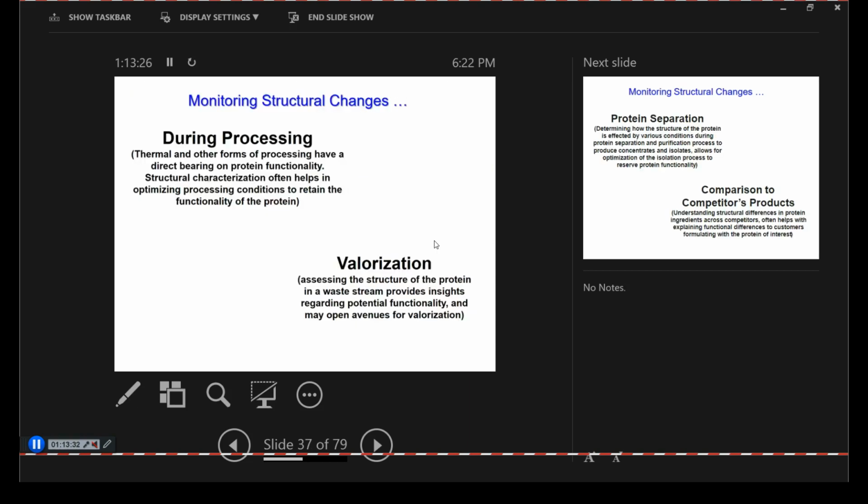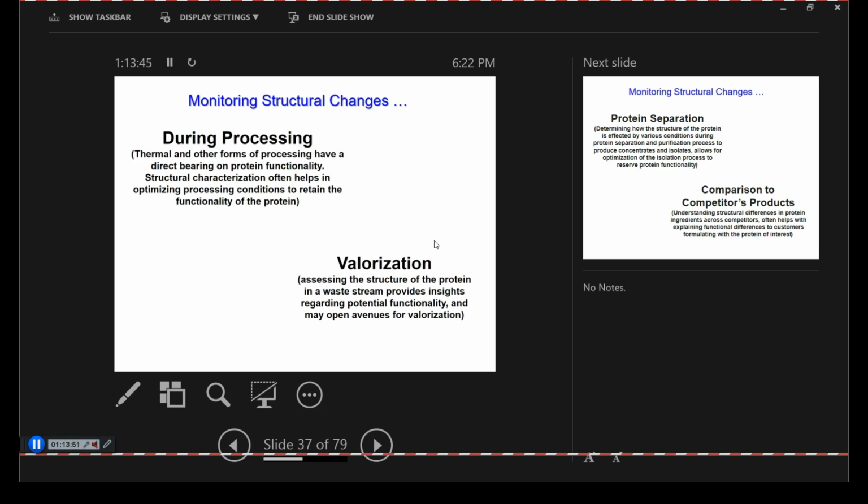So I'm going to give you some examples about why it is important to look at structural changes of the protein in terms of real-life applications. Why do we characterize the protein structure? Why do we monitor protein structure?